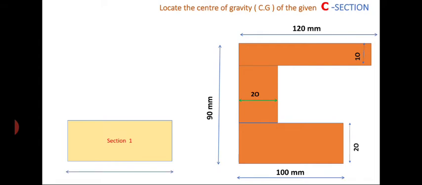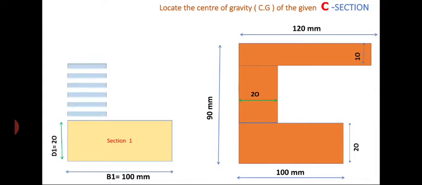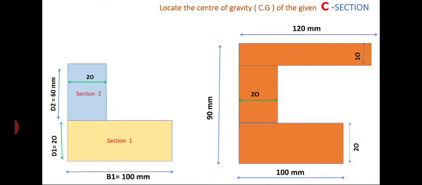The dimensions of rectangle 1 are base B1 equal to 100 mm and depth D1 equal to 20 mm. The second rectangle is vertical: base B2 equal to 20 mm and depth or height D2 equal to 60 mm.